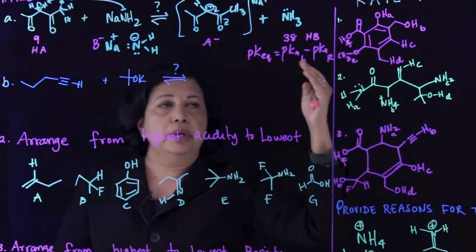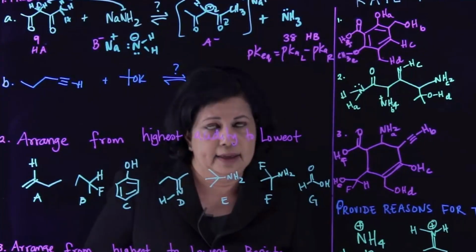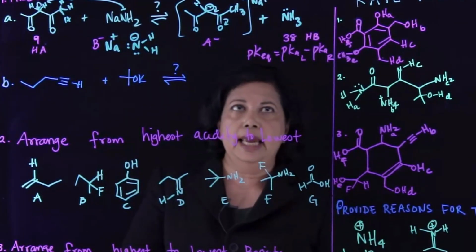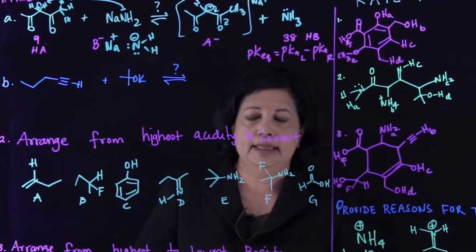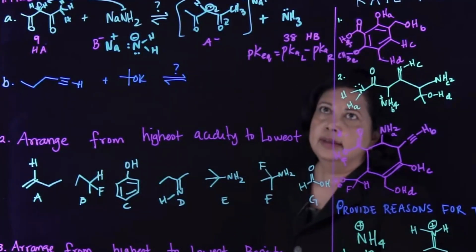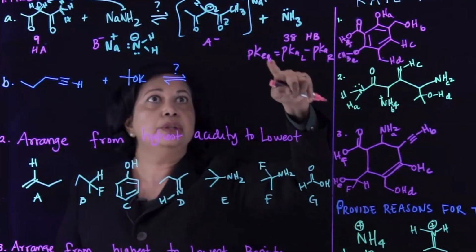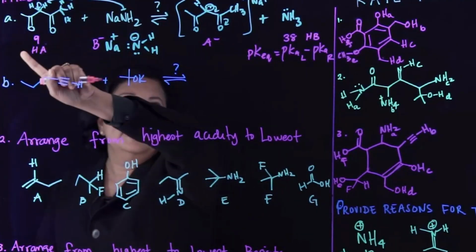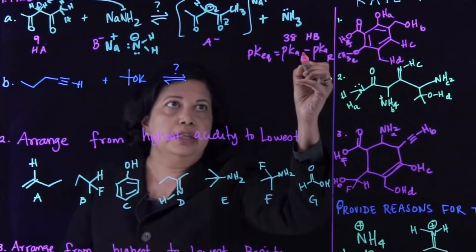So K equilibrium is 10 to the minus pK equilibrium. So 9 minus 38 is going to be negative 29. So that's going to be 10 to the 29. So this thing is going to go like a shot in this direction.